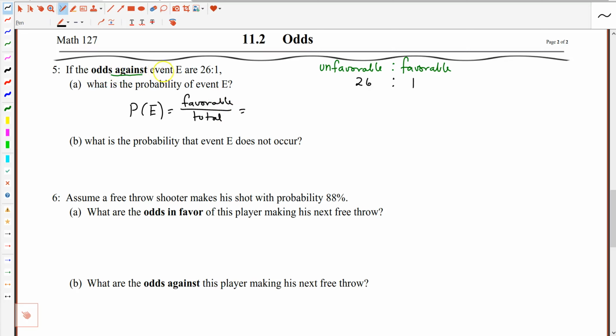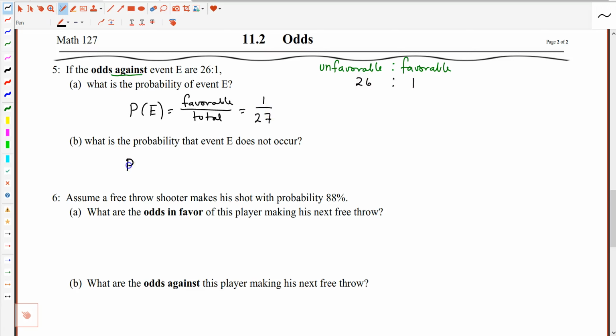So if the odds against the event are 26 to 1, that means there's 1 way that your event occurs. That would be the number of favorable outcomes, and then the total number of outcomes in your sample space would be 27. So we would add these two numbers together to build that denominator.